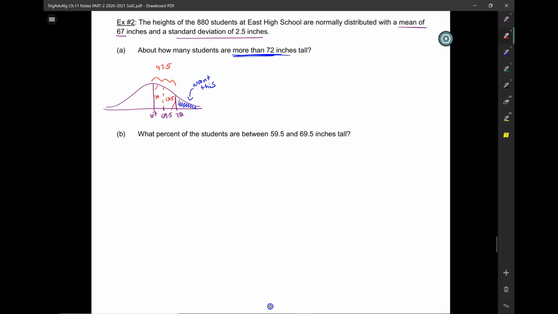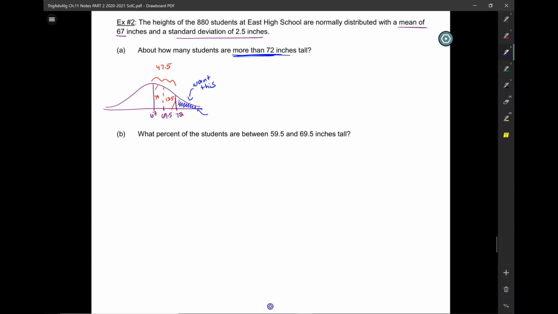So what percent is the blue? This is just the right half. So the entire right half is how many percent? 50%, right?